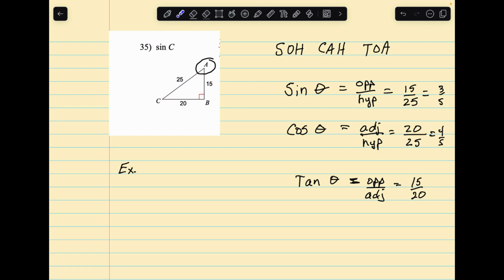Okay, we're back, and what we're going to do is we're going to say, okay, we know this is sine of A, so we're going to say sine of A equals opposite over hypotenuse, and then we'll say which equals, this is A, this is the opposite, and this is the hypotenuse.